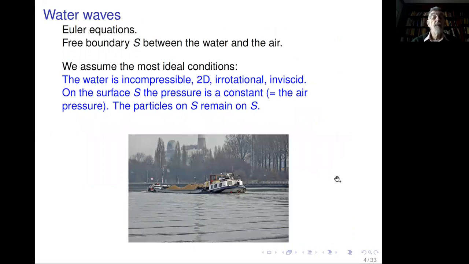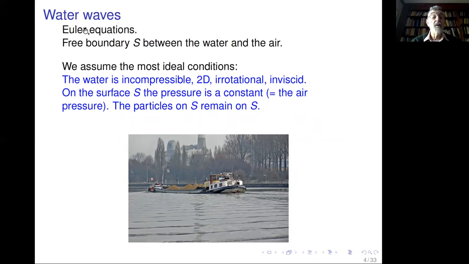Okay, so what's the mathematical model? You just take the standard Euler equations for water waves, and there's a free boundary between the water and the air. Here's a little picture of nice parallel waves, small parallel waves, maybe in the Rhine River.